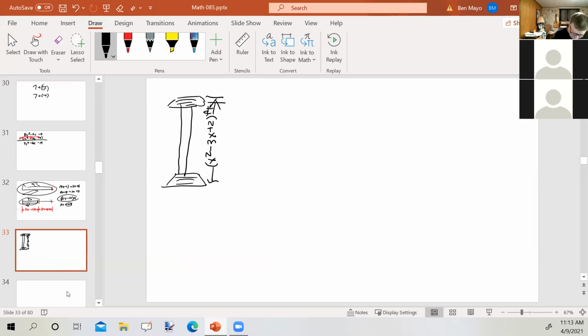And then we've got this second column, and its height is 5x minus 10 feet.